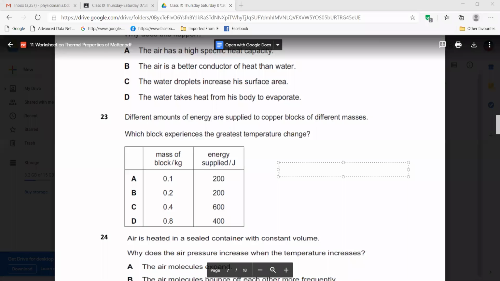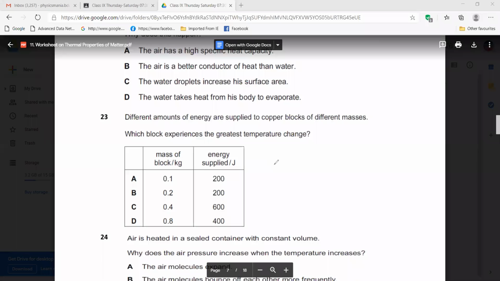You can rearrange it. Yes, sir. Δθ equals Q by cm.